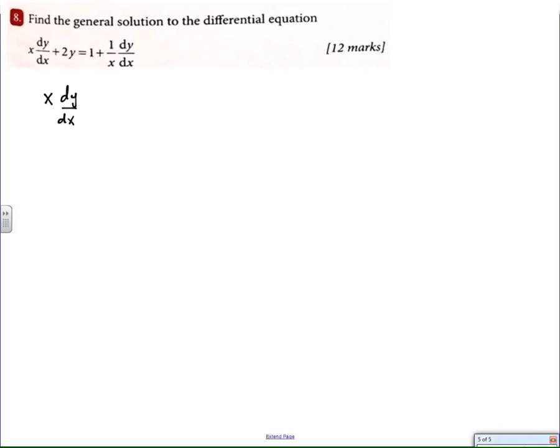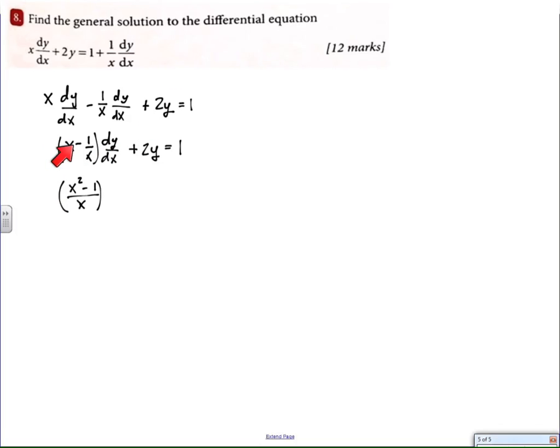And so the first thing I need to do is to rearrange this differential equation to see if I can get it to look like a linear one. Of course it will, because it's in the section under linear differential equations. The technique, in case you've forgotten, is I collect all the dy/dx terms over on the left-hand side of the equation, and then I factor out the dy/dx, leaving me with (x minus 1 over x) times dy/dx, and the rest of the stuff is left over.